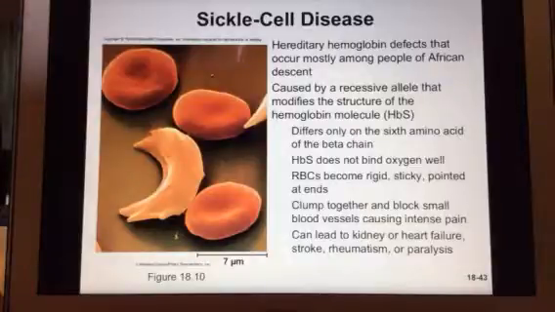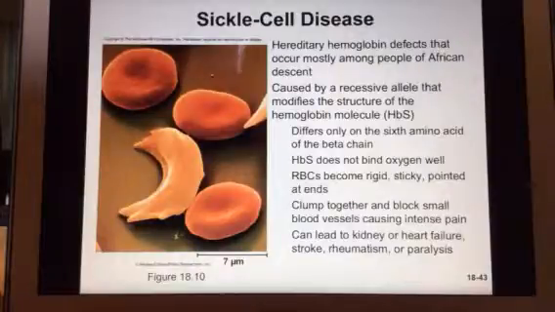Another red blood cell disorder is called sickle cell disease. It is hereditary, and it's when the hemoglobin is defective. It is more common in African American populations or people of African descent. It is caused by a recessive allele, and it makes the hemoglobin molecule have a deformed structure, based on a mutation in the amino acids.